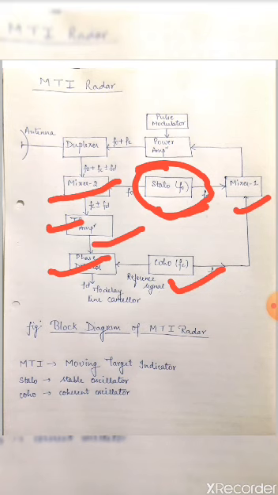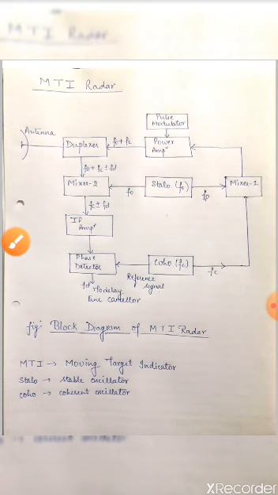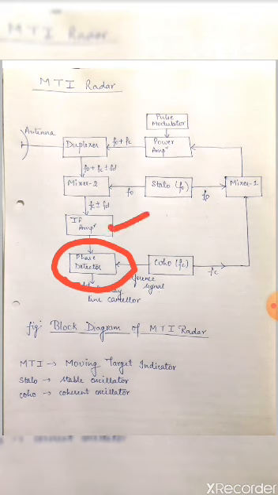The difference of these two signals will be the Doppler frequency. That means the phase detector is used to differentiate between the IF amplifier frequency and the coho oscillator, and the resultant is the Doppler frequency.